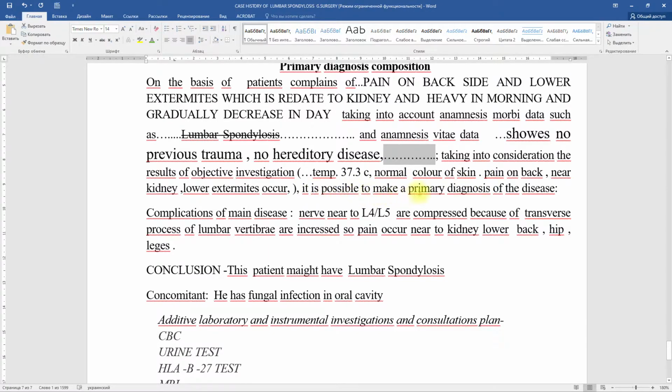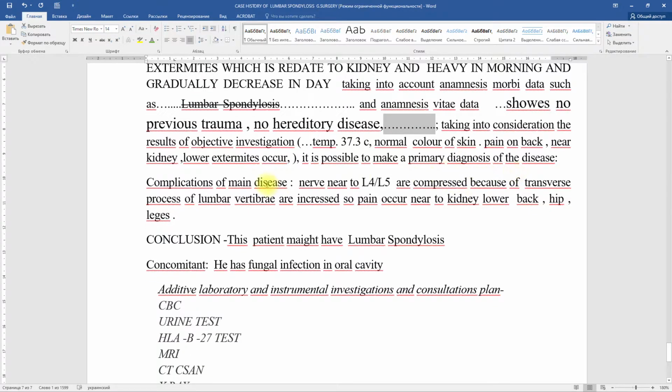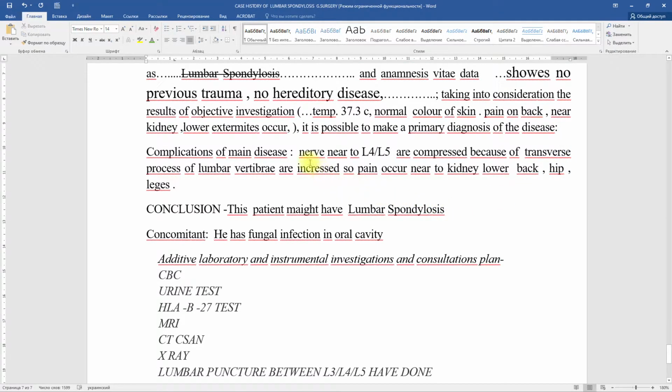Objective investigation. Primary diagnosis here. What primary diagnosis? There is nothing in here. Complication.